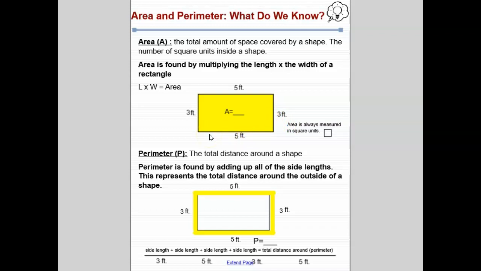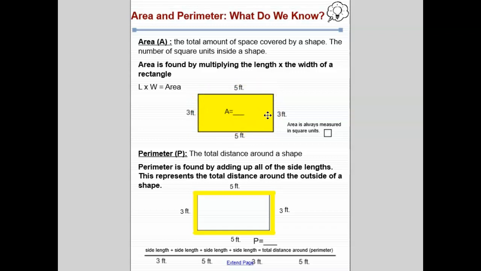We know that area is found by multiplying the length times the width of a rectangle, and that tells us the total amount of space covered by an object. You'll notice that the inside of this rectangle is shaded yellow. That's because the yellow part is this rectangle's area. It's the total amount of space covered by the entire rectangle.